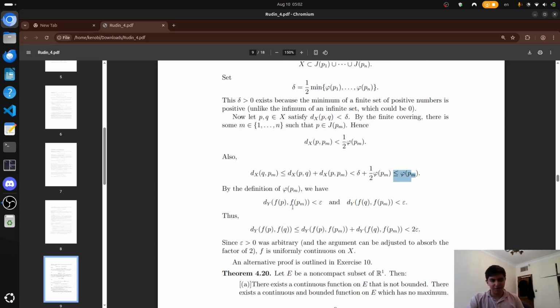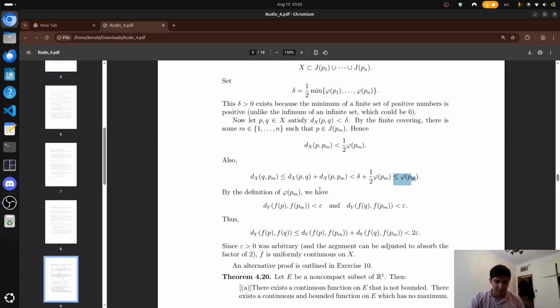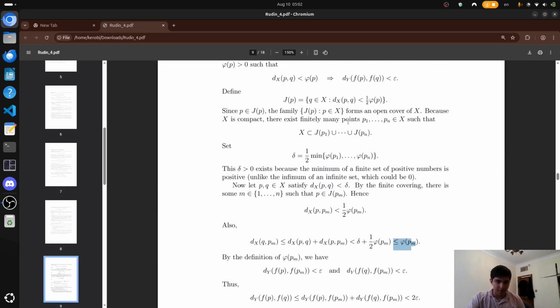By the definition of phi pm, we have d_Y(f(p), f(pm)) is less than epsilon, because this implies this, and d_Y(f(q), f(pm)) is less than epsilon.